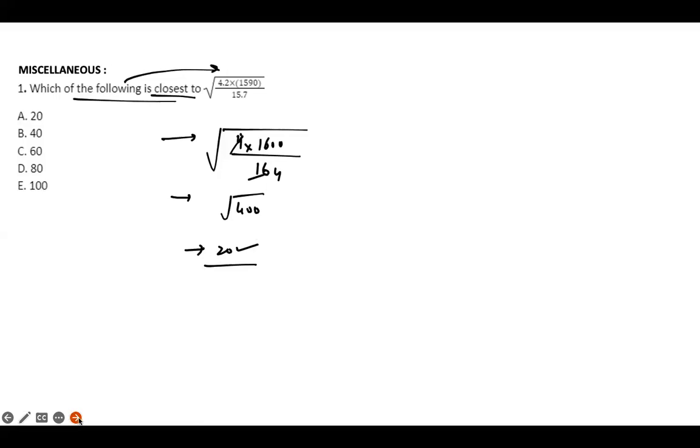I've increased the level a bit in the second question. Which of the following is the closest approximation to this? Under root of 73, and under root of 239. So what is under root of 73 approximately? Under root of 64 is 8, under root of 81 is 9.